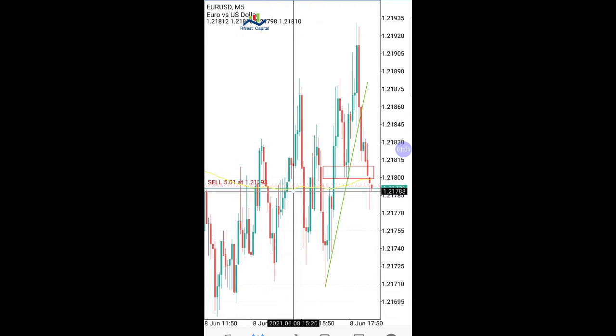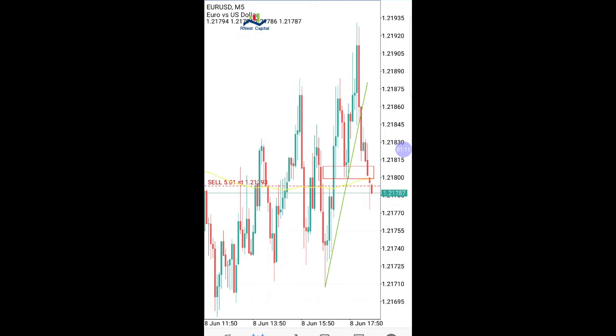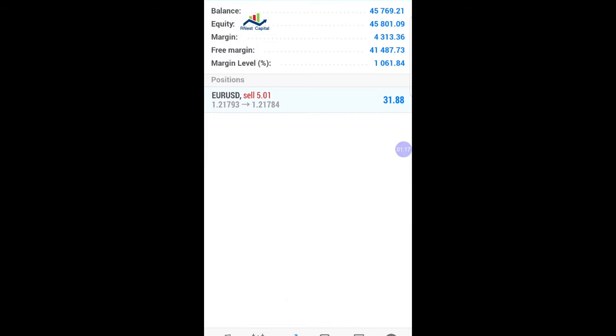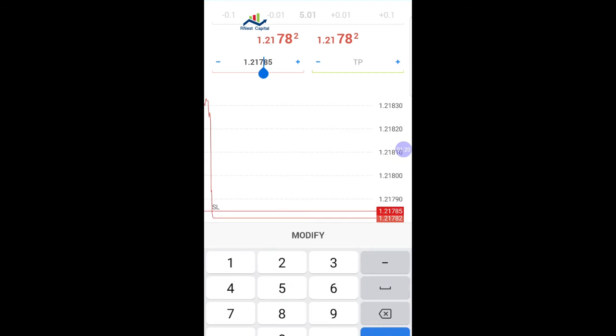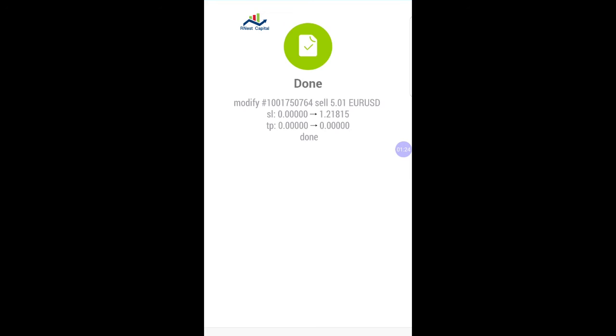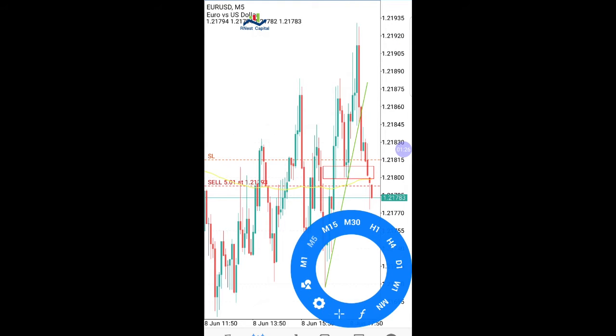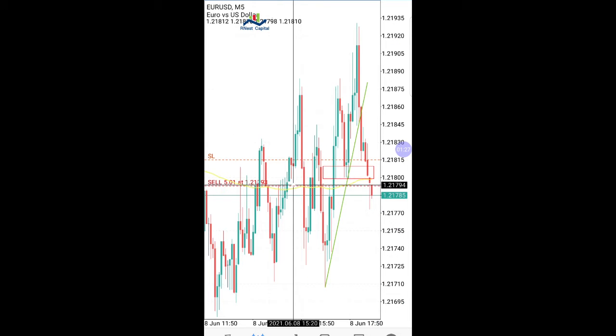So I'm gonna set my stop loss. Very important as always, put my stop loss in. Then my take profit.